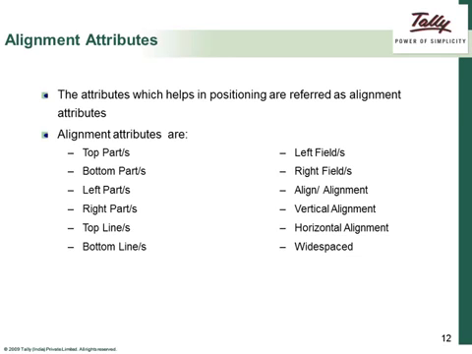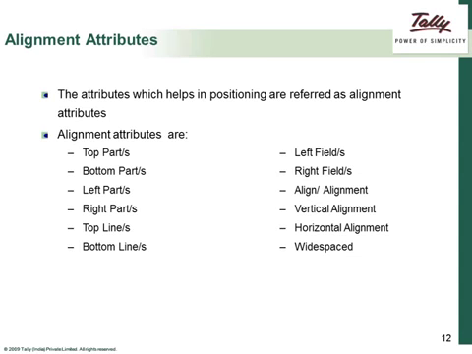You can align a top line, a bottom line, a left field, and a right field. Alignment attribute decides whether to align the parts vertically or horizontally. Vertical alignment of the form has to be top, bottom, center, or horizontally align it left, center, right.